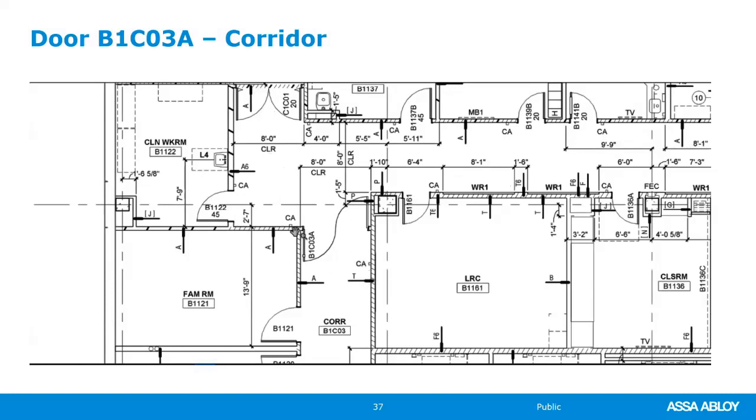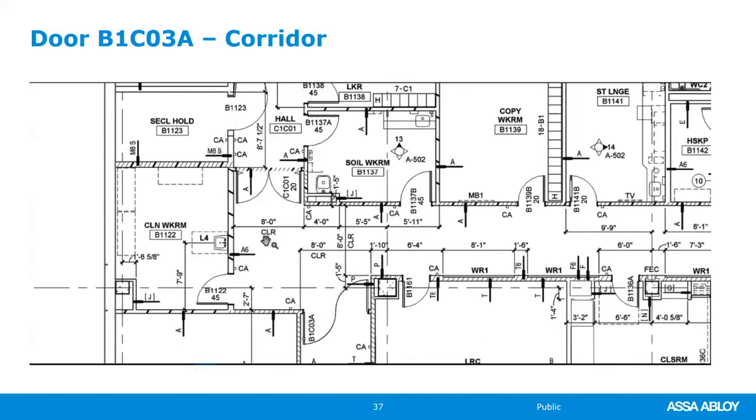You see card access in and card access out. Card access locking the door from the egress side. This pair of doors also has card access on both sides. This is what they call a man trap.